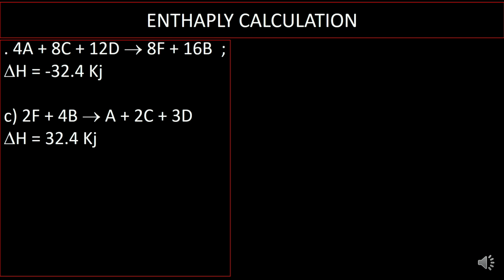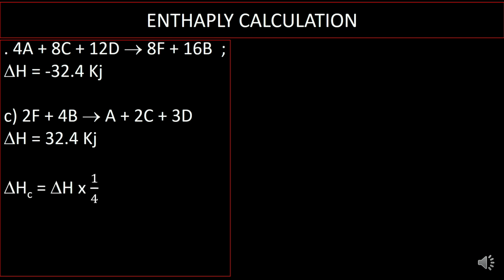Since the one for the general expression is minus 32.4 kJ, the one for the reverse of the general expression is 32.4 kJ.